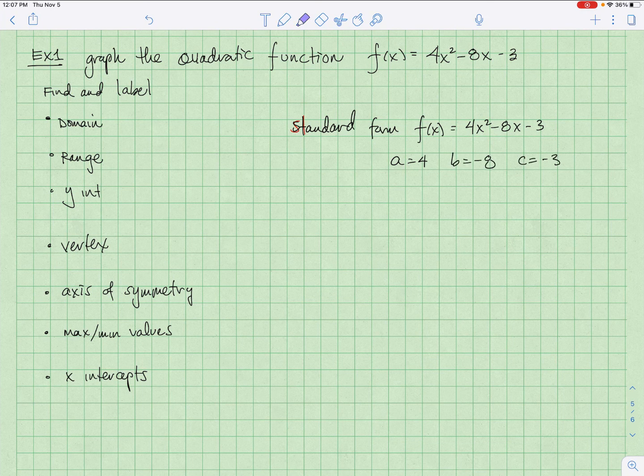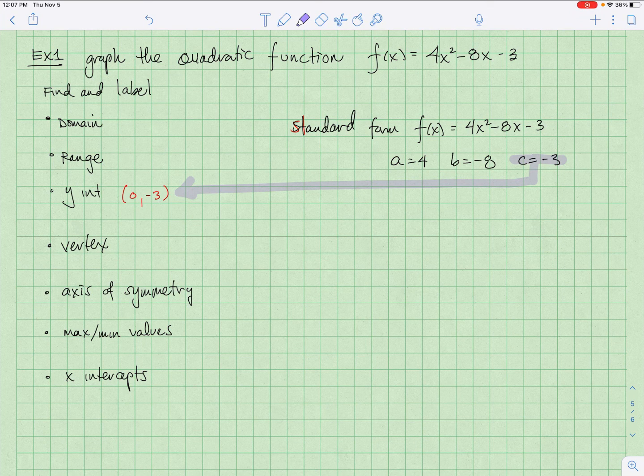So right away, I can tell you that the y-intercept is (0, negative 3) because of this c value. Boom, nailed it. What else can we tell right away?